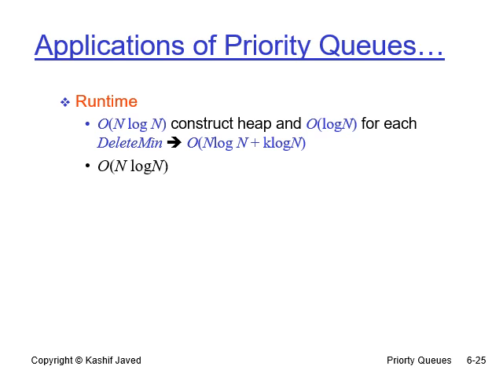So what will be the running cost? Big O of n log n to construct the heap, and big O of log n for each delete minimum, right? So this turns out to be n log n plus, when you perform k delete minimum operations, k log n. And out of these two values, n is greater than k, so finally this is n log n.